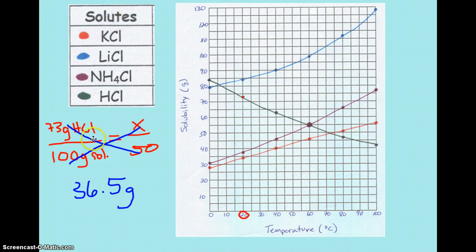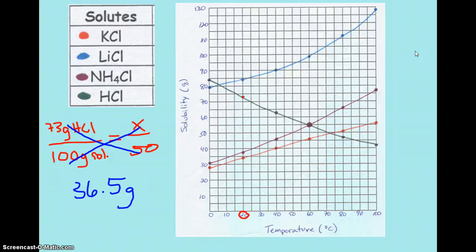Now if the question had said, I want to make 200 grams of solution, then I would double it. 73 times 2 is 146. If it says 500 grams of solution, then I would multiply by 5.